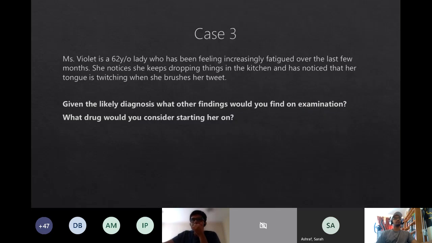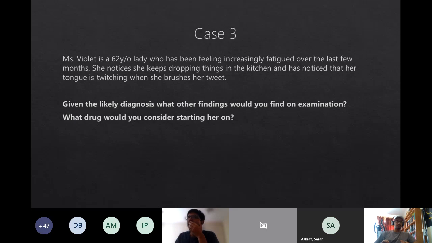So here's another case. It's meant to say teeth. I don't know why I wrote tweet. The slide has changed.